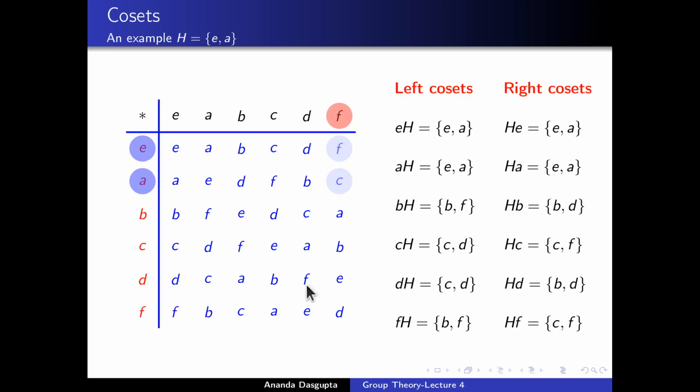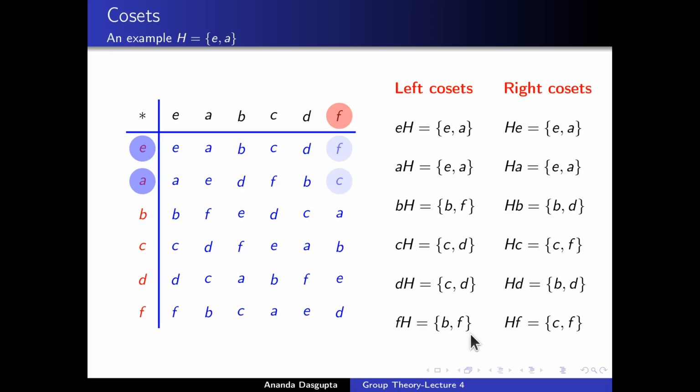And we worked out both the left cosets, that is, some element g times capital H, and the right cosets, capital H times some element g of the group. As you can see from this example, the cosets partition the group. They're either completely identical or disjoint. That's true for both the left cosets and the right cosets.